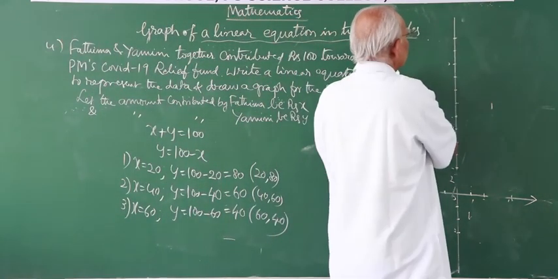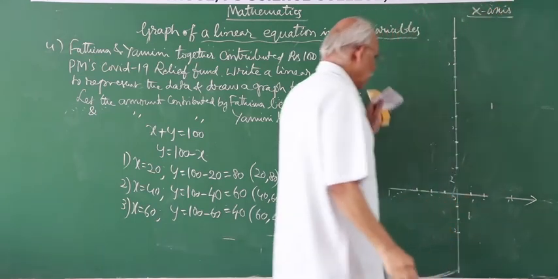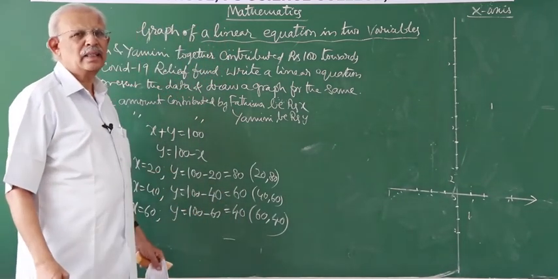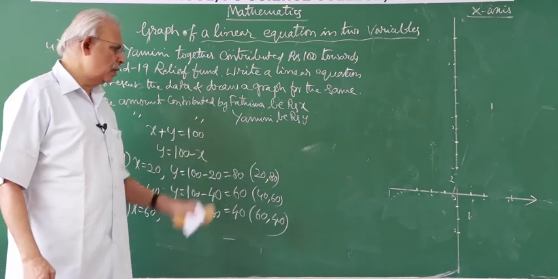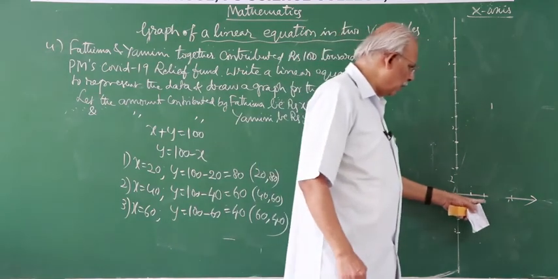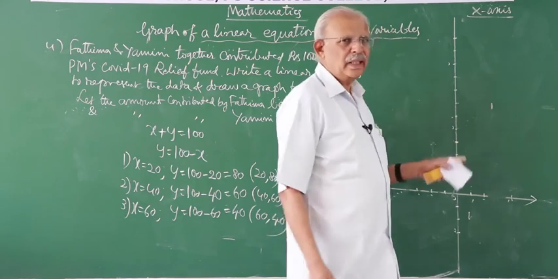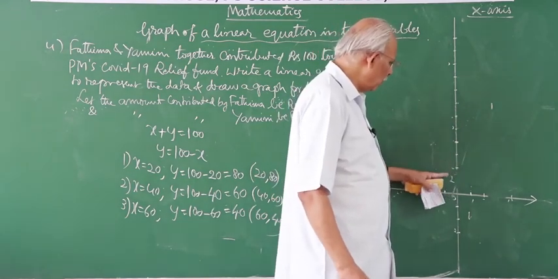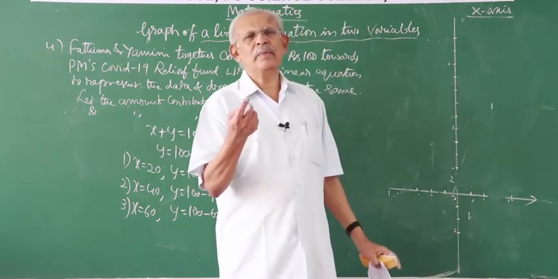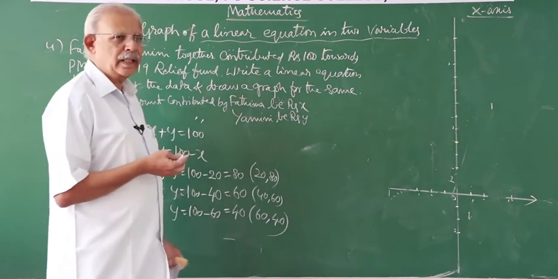Here, x-axis. In terms of 20, 40, 60 are there. So take 1 centimeter equals 20, or the highest one is 60. So if you take 1, 2, 3, 4, 5, 6 like that, again you may find difficulty. So 1, 2, 3, 4, 5, 6, 7, 8, you can take like that. 1 centimeter equals 10 units you can take.